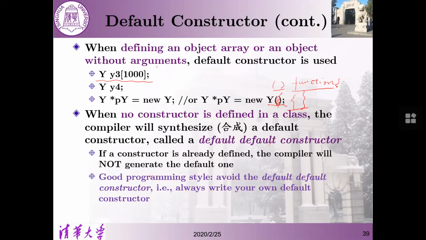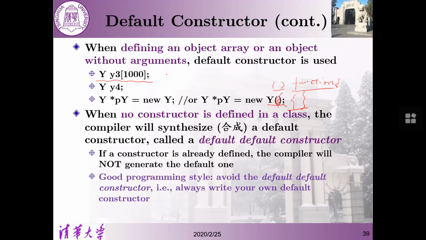For example, if you define a default constructor, you can print a message in your default constructor. Then when you define this array, if the constructor is called 1,000 times, the message will be printed 1,000 times.